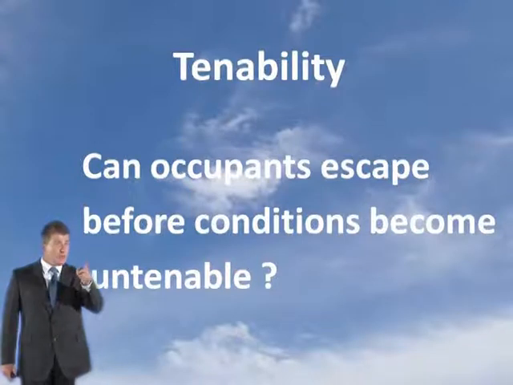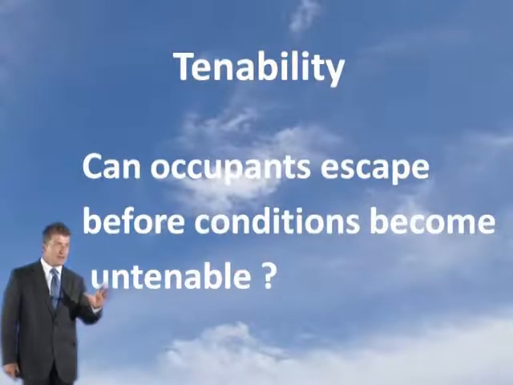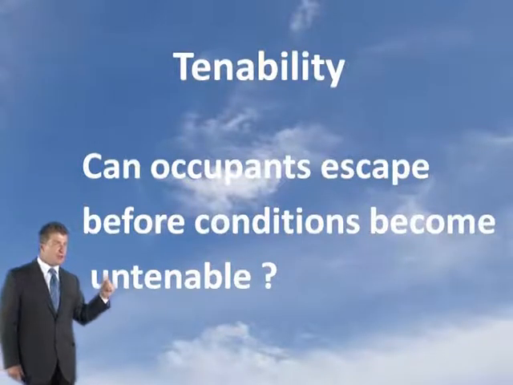If you use BS 9999 correctly, you have demonstrated that those occupants can escape before conditions become untenable. What I'm saying is people do this, they get travel distances, exit widths, stair widths that do not seem to comply with ADB. People say, where do all these come from? If you use this code correctly, those people can get out. That's what it's based on. It's based on fire engineering. That one statement there sums up the code.